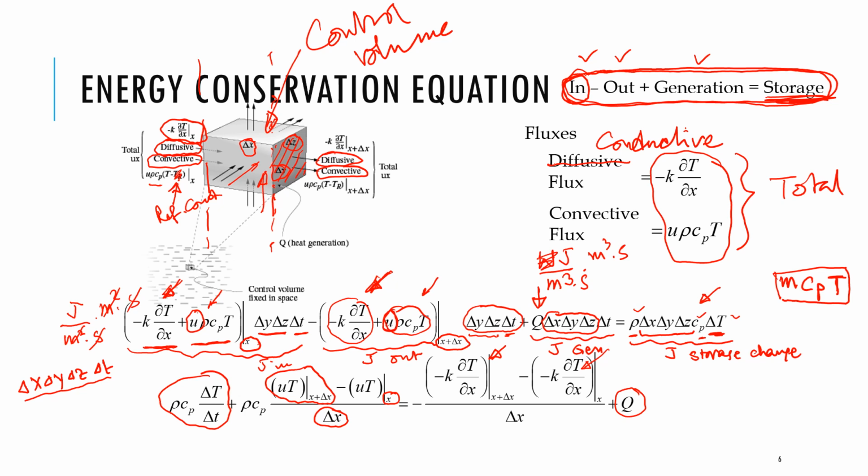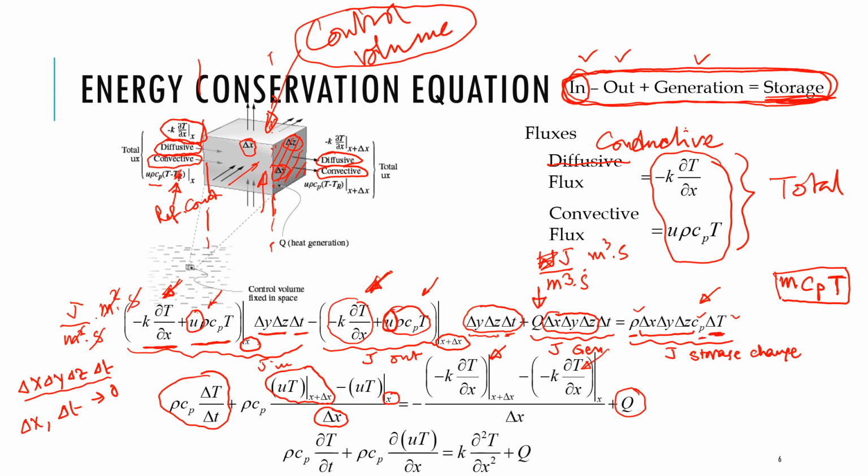Okay. And now we take this control volume and shrink it to 0. So delta x, delta t also goes to 0. So we shrink it to 0 and we also make delta t go to 0. So we get a differential equation.